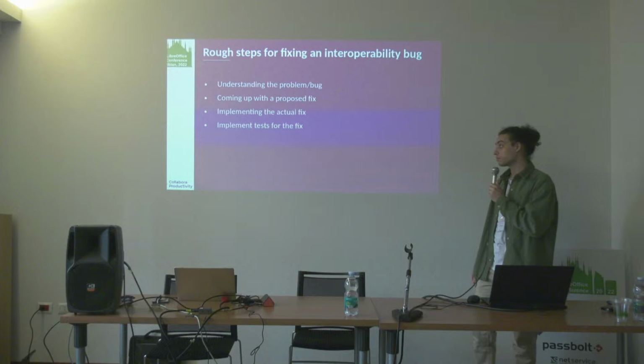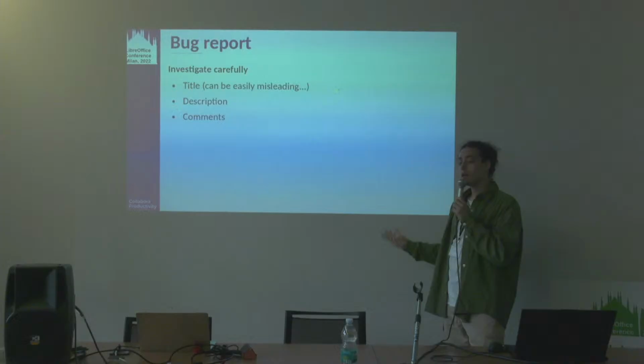So let's start with an import bug from a PPTX file. We need to understand the bug first. So we are going to go through the bug report. Most of the time titles of bug reports are quite misleading, because they just try to describe in a short sentence what went wrong, and most of the time it is not possible to get it right.